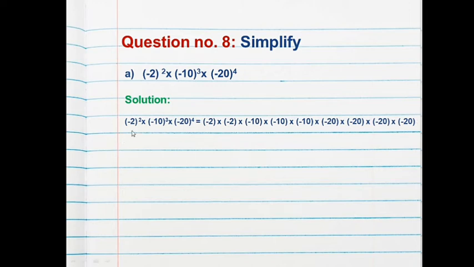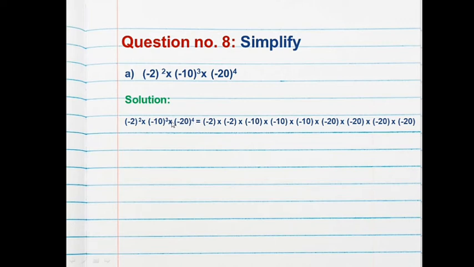The power for minus 2 is given 2. So we will multiply this minus 2 itself 2 times, and here the power form is given, that is minus 10 is the base and exponent is given 3. So we will multiply this minus 10 3 times with itself, and minus 20 we will multiply 4 times with itself as the exponent is given 4.